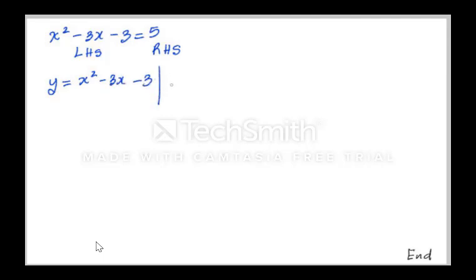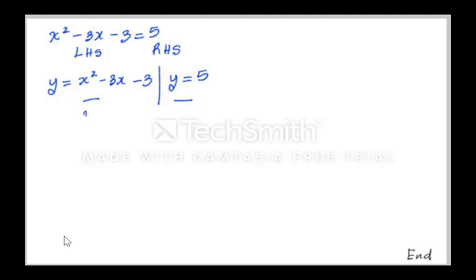And the right-hand side would be y equals 5. The solution would be the values of x where the two graphs intersect. Values, because it's a quadratic equation.